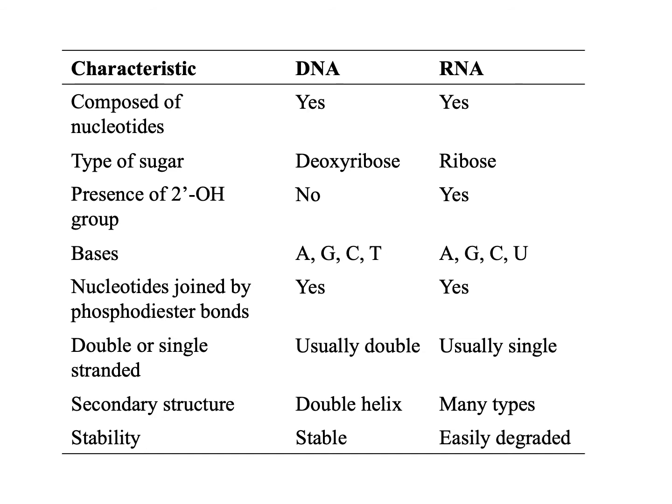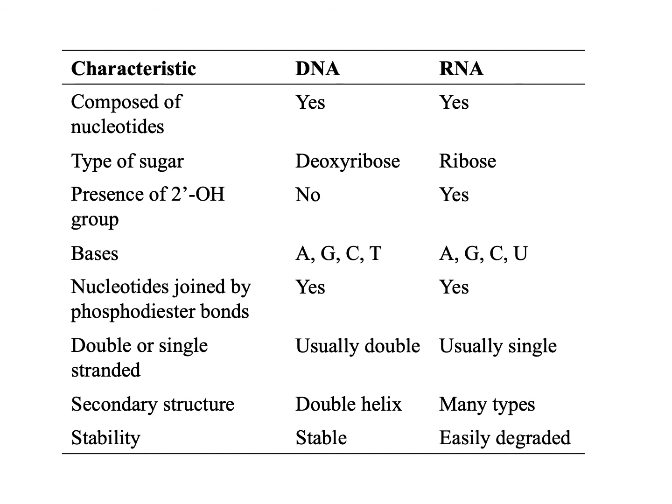In this table, you can see a comparison of DNA and RNA. So when we talk about what DNA and RNA are composed of, as far as their building blocks, they are made up of nucleotides. DNA and RNA together are referred to as nucleic acids.